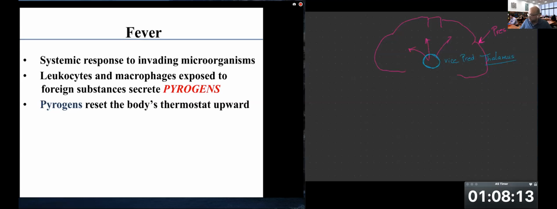So I need another level this time, and this other level is going to be responsible for the very basic automatic activities that take place in your body.